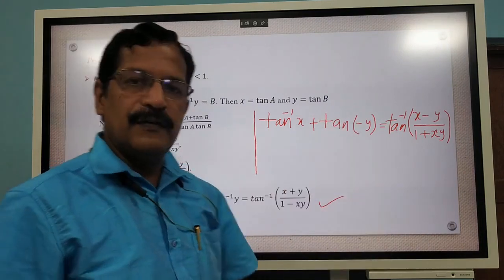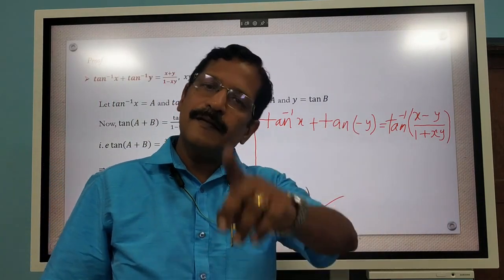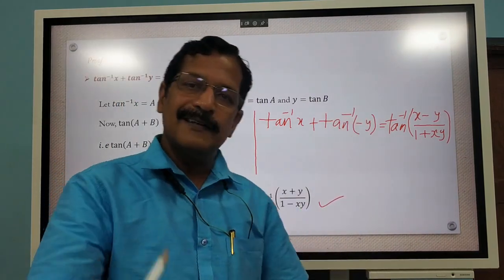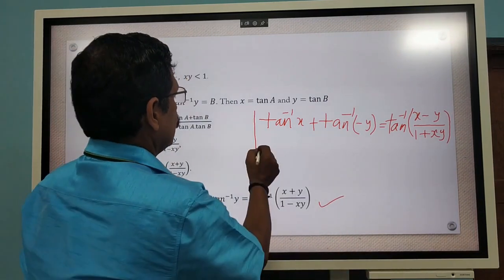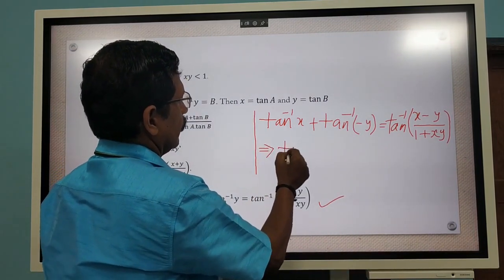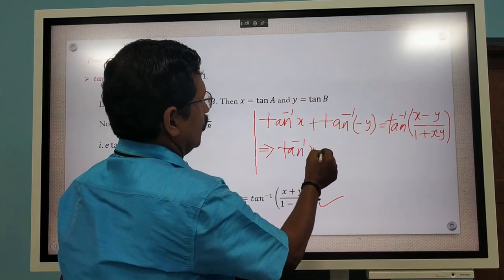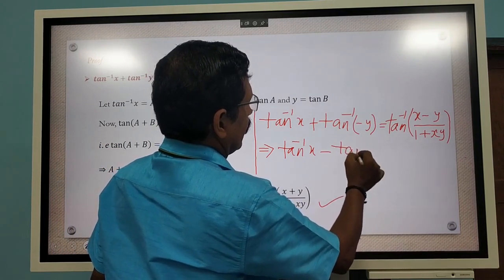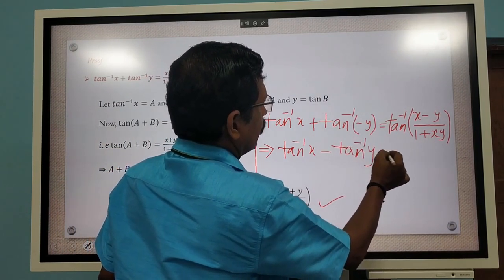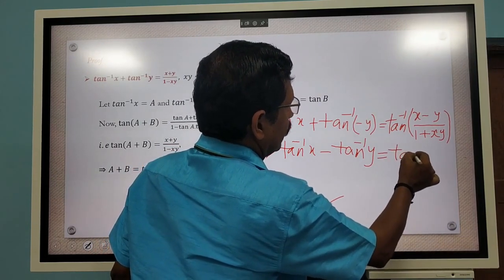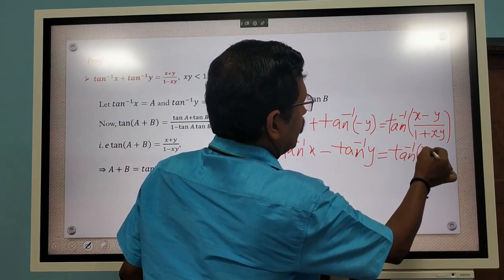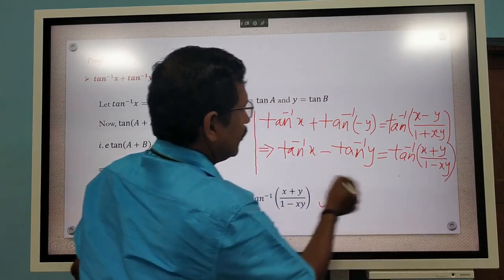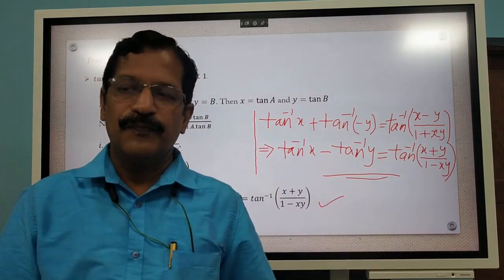But what is tan inverse of minus y? Tan inverse of minus y is minus tan inverse of y. So this will be equal to tan inverse of x minus tan inverse of y equal to tan inverse of x minus y by 1 plus xy. That's all. We got the second proof.